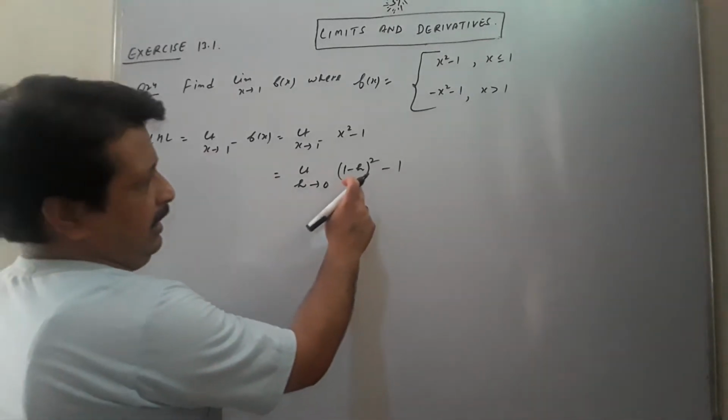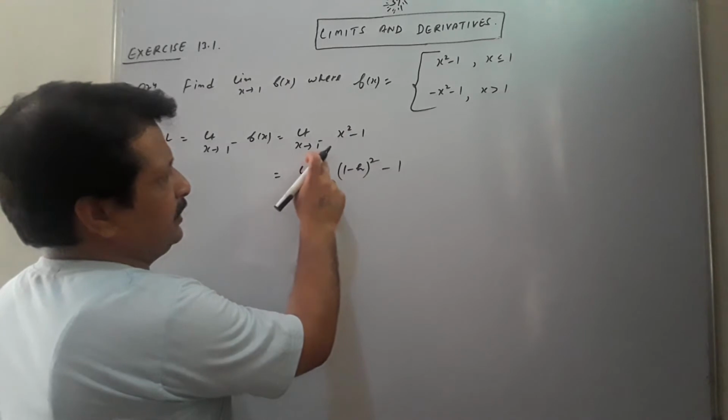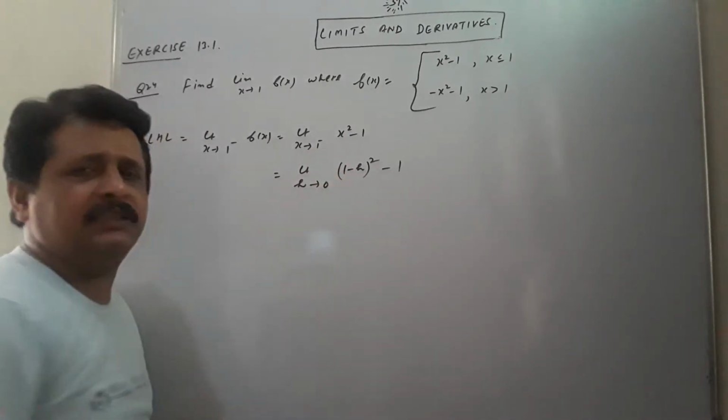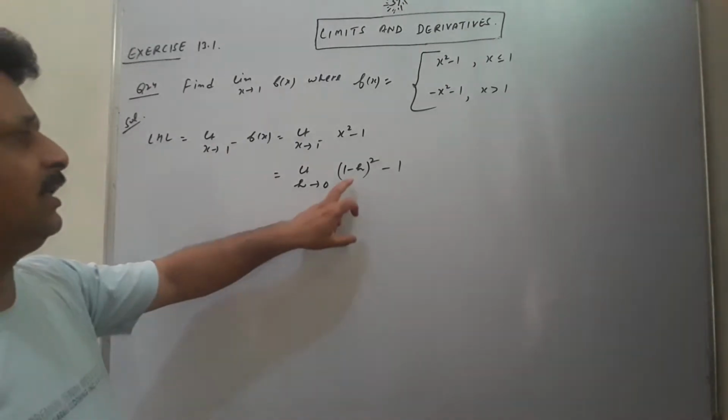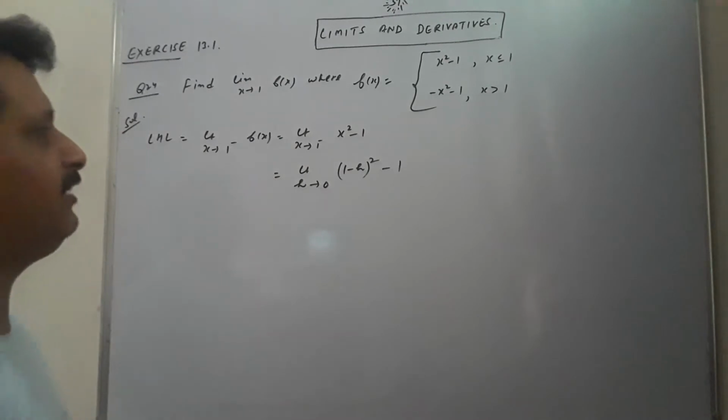In the last lecture I told you how we put at the place of x whatever it is, 1 minus h. Here h is a very small quantity, and this will be subtracted from 1. Here it will lie on the left hand side.